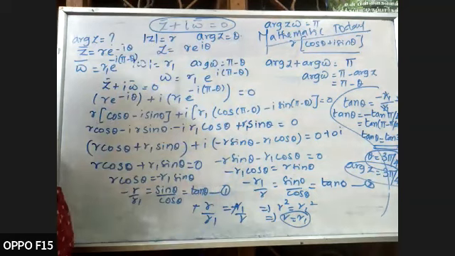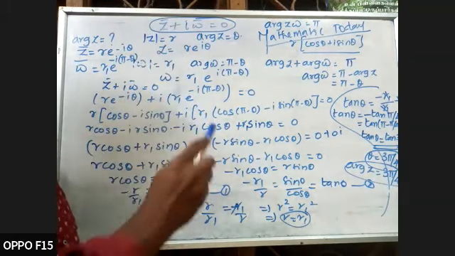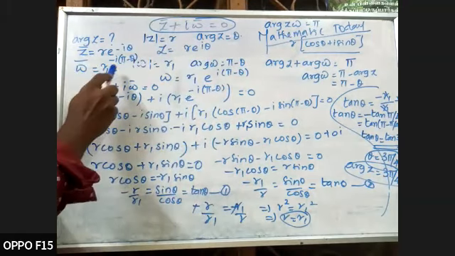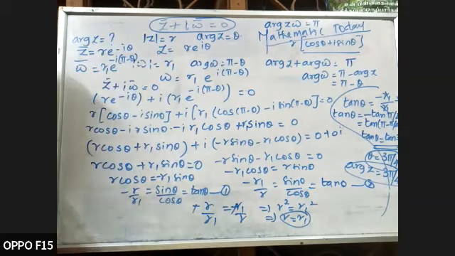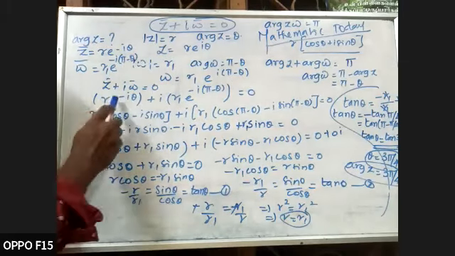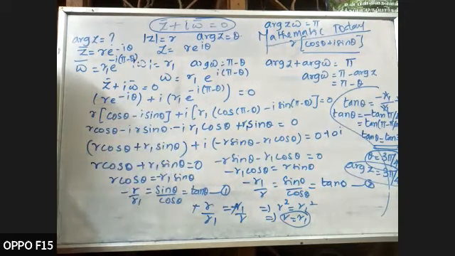But this question satisfies the condition z conjugate plus i omega conjugate equals 0. So omega conjugate is r1 e power minus i (pi minus theta), and z conjugate is r e power minus i theta. I am substituting into this equation, using Euler's formula in polar form: cos theta minus i sin theta.